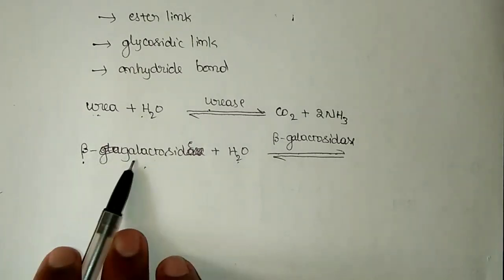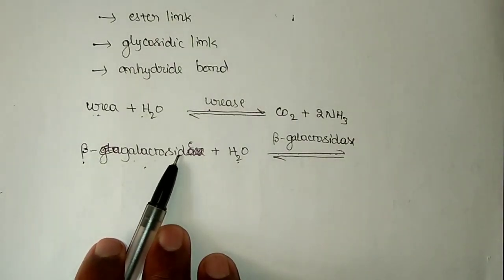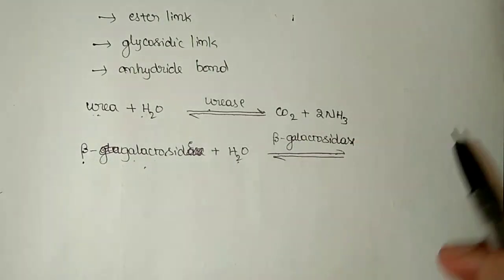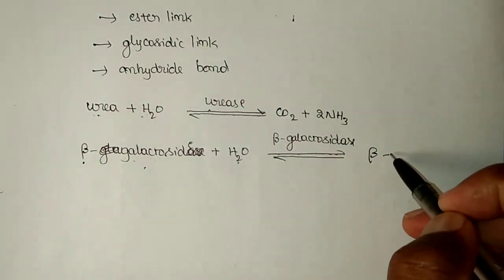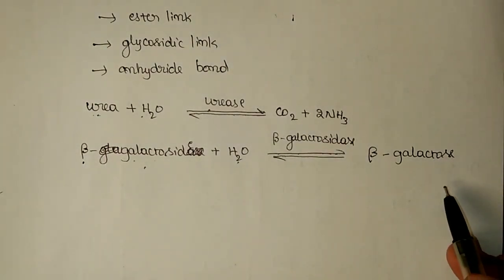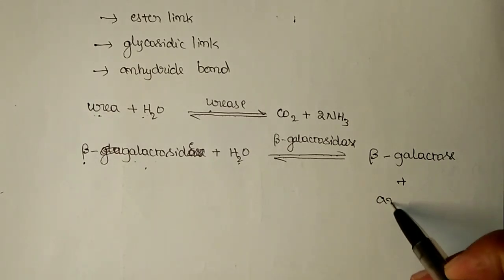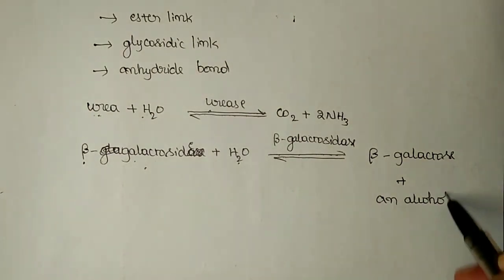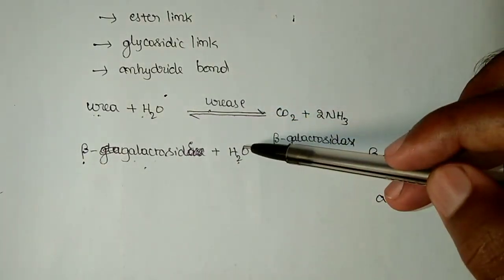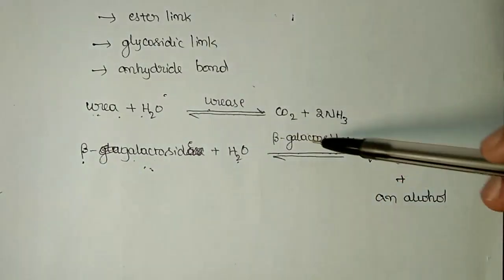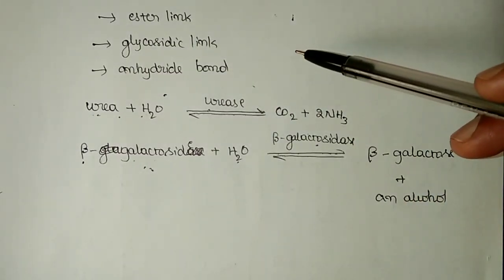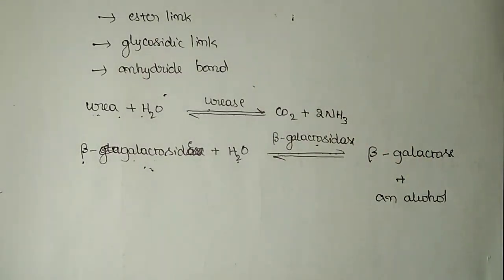When beta galactoside is hydrolyzed in the presence of beta galactosidase, it results in the formation of beta galactose, and along with beta galactose an alcohol will be formed. So in both these cases you can observe the hydrolysis of the substrate molecule in the presence of suitable enzymes. And that's about the third class of enzymes, that is hydrolases.